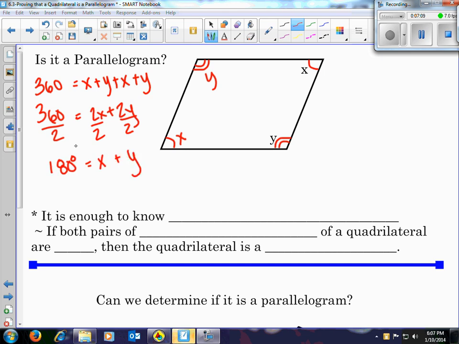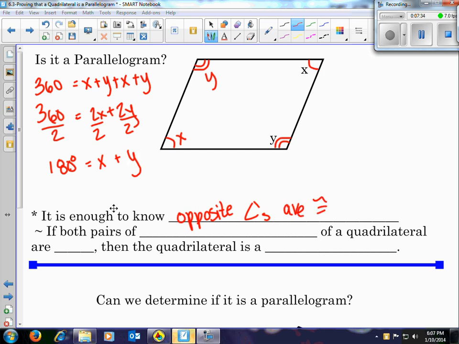Now, the reason that this is equal to 180 degrees is because we learned yesterday that consecutive angles add up to 180 degrees in a parallelogram. So it is enough to know that the opposite angles are congruent.